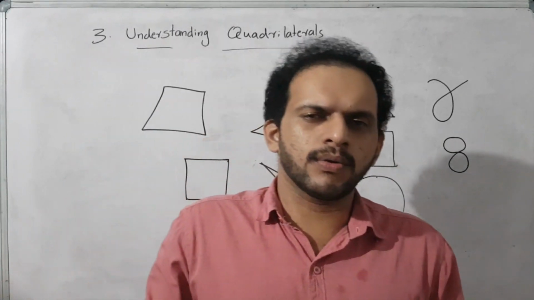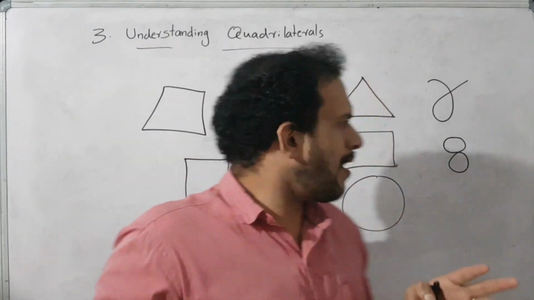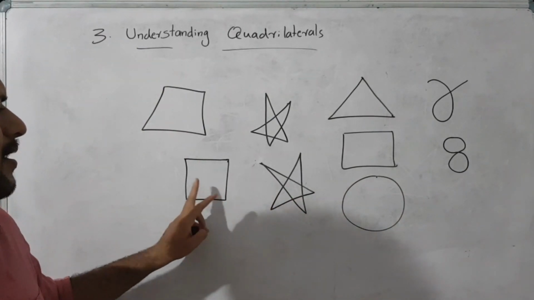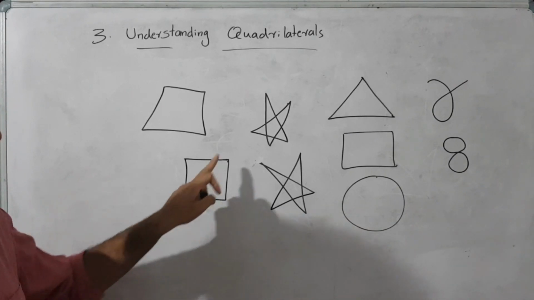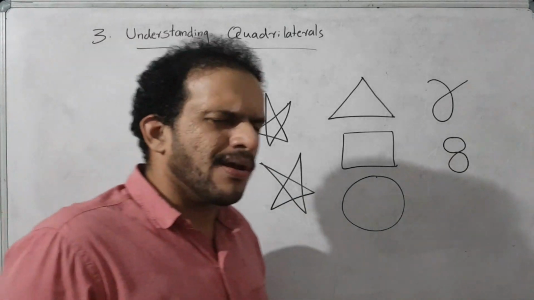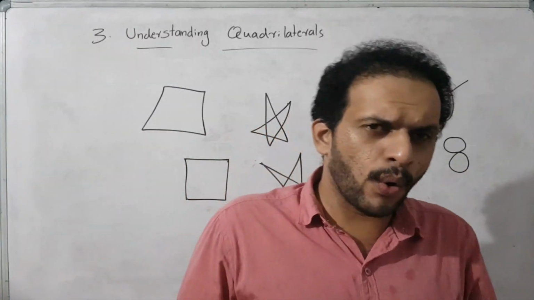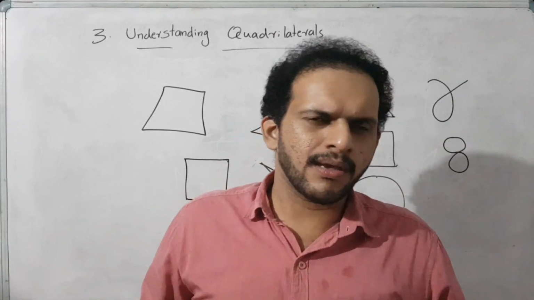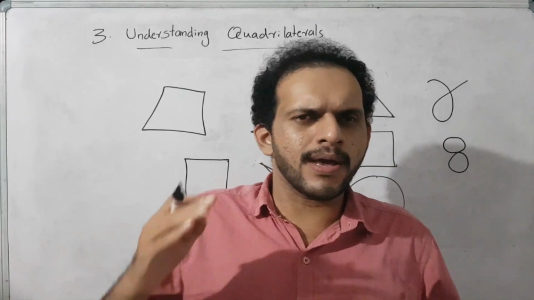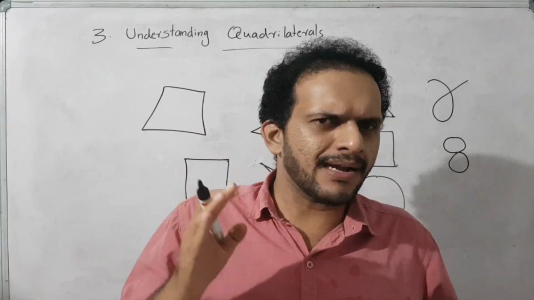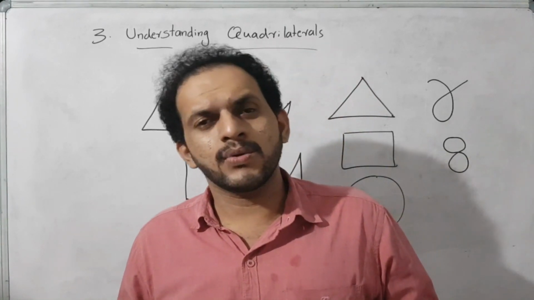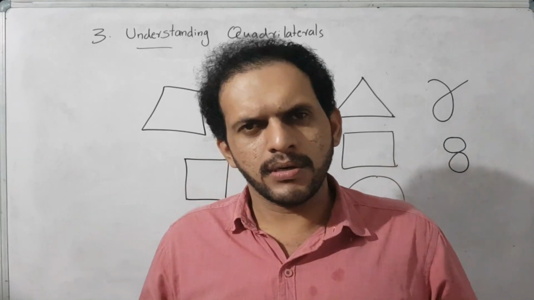Then what do we mean by simple closed? For example, this one is a closed curve but not simple closed, but this one is a simple closed curve. A simple closed curve means the sides do not cross each other. If we join the points and the sides do not cross each other, that is called a simple closed curve.